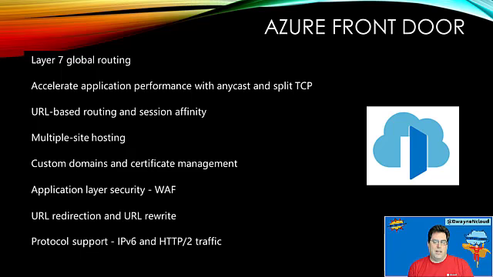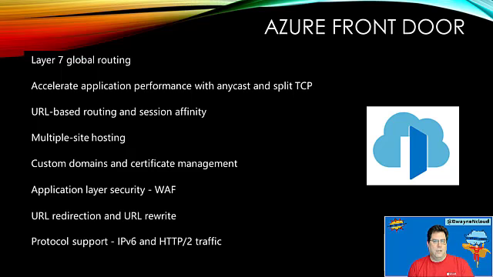Very similar to what a CDN would do, but this is at a secure level, and you can also put that application layer security of a WAF within there. And you can see the different protocol support of HTTP traffic as well as IPv6, and it can then provide that accelerated application performance on a global level.